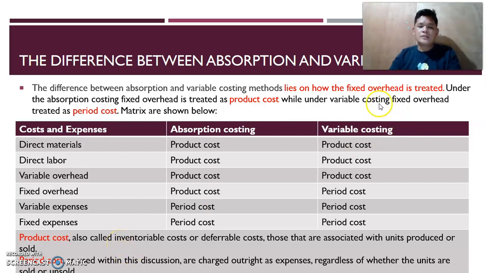Since fixed overhead is treated as a product cost under absorption costing, yung fixed overhead mo is kasali as an inventory, part of your inventoriable cost. While period costs, as used within this discussion, are charged outright as expense. I-expense mo kaagad siya. Yung period cost class is hindi siya kasali doon sa inventoriable cost, regardless whether the units are sold or unsold.